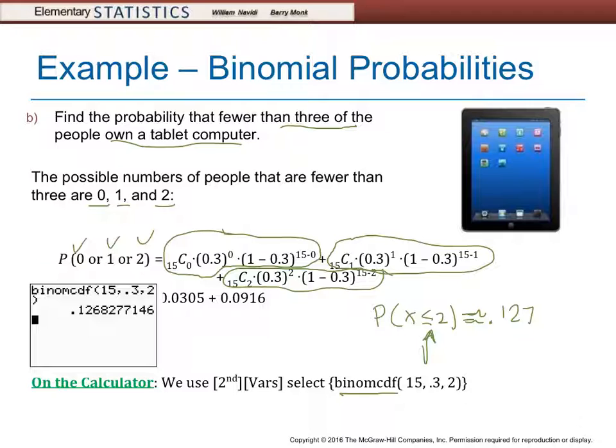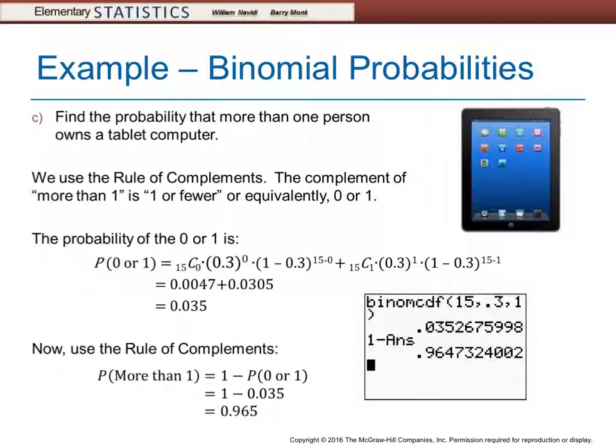When we select binomial CDF, we put in 15 for n, 0.3 as our probability of success, and 2 for 2 or fewer. Then we hit return, and here is our calculation.